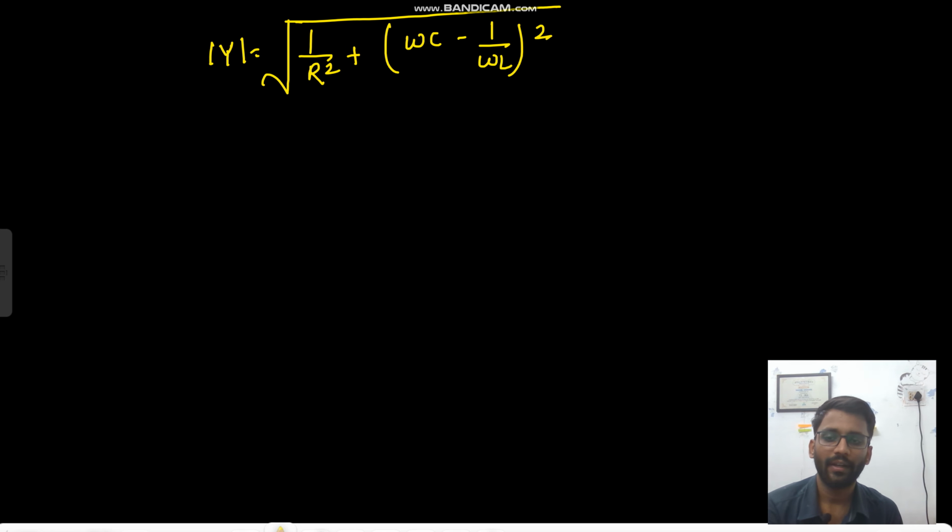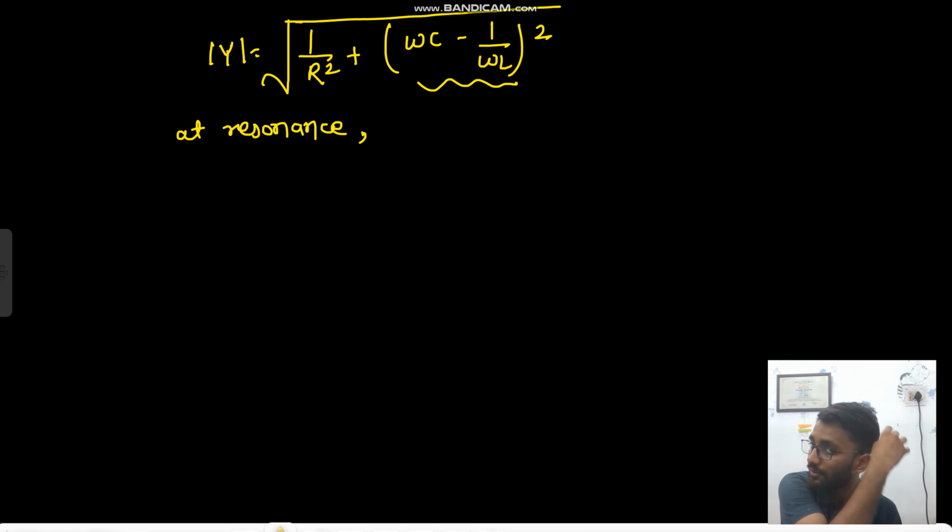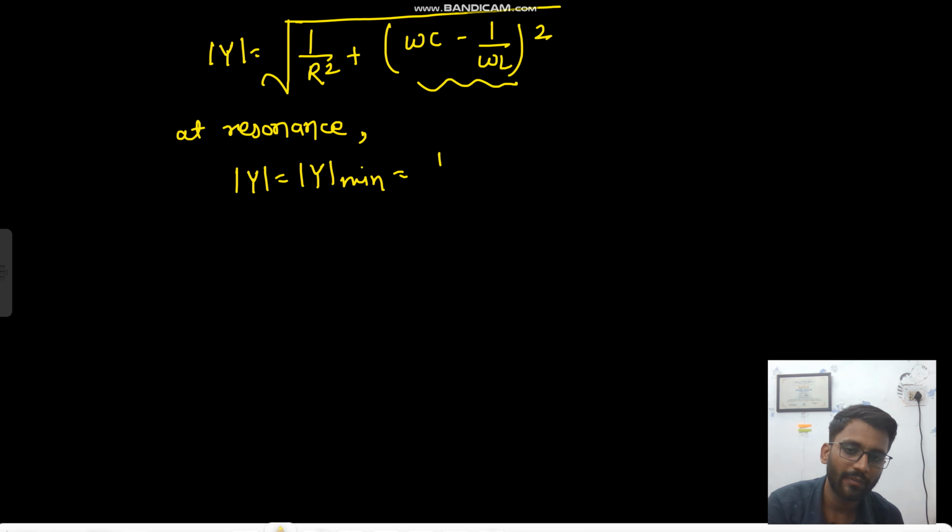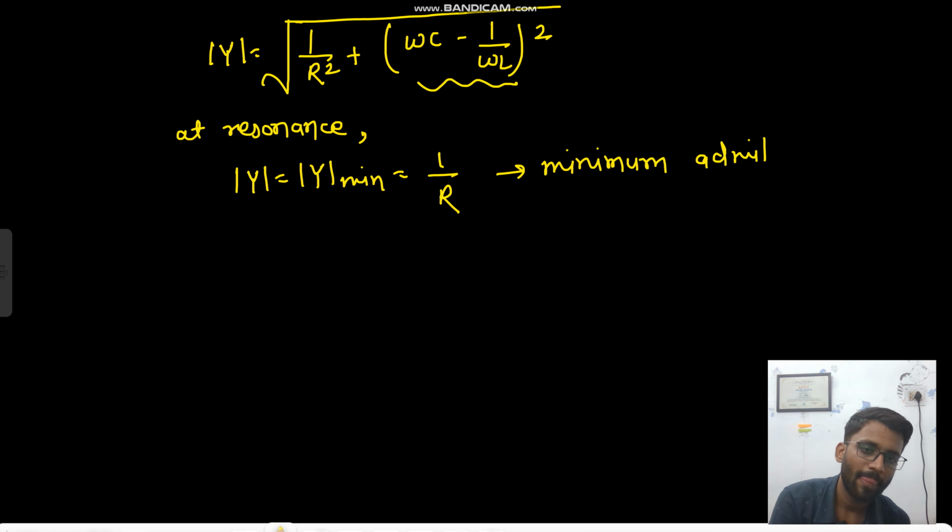So at resonance, what happens is that this value will be 0, right? So your Y will be at minimum, equal to 1 by R. That means minimum admittance and maximum impedance.